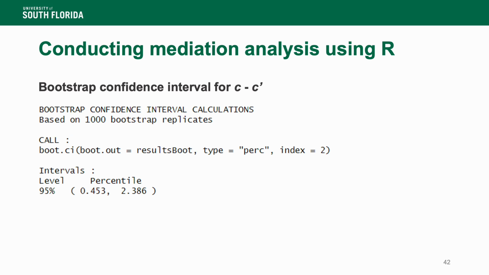Here we see the output for the bootstrap confidence interval for C minus C prime. It runs from 0.45 to 2.38, and it's perhaps not surprising that this confidence interval also indicates that the indirect effect estimated as C minus C prime is statistically significantly different from 0.